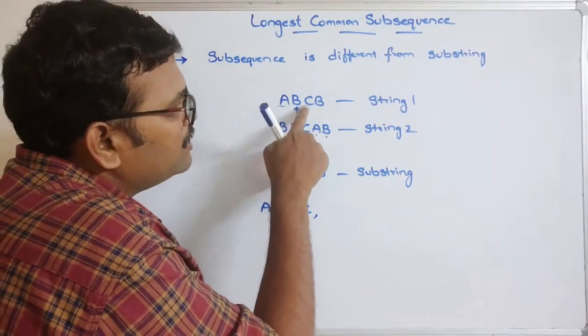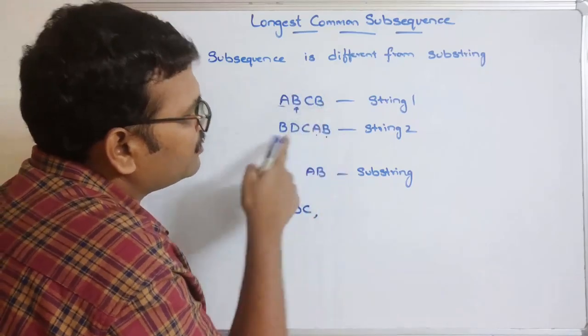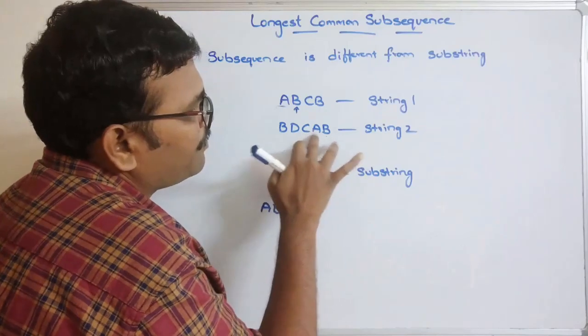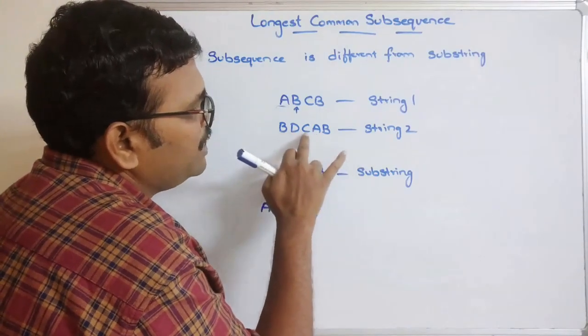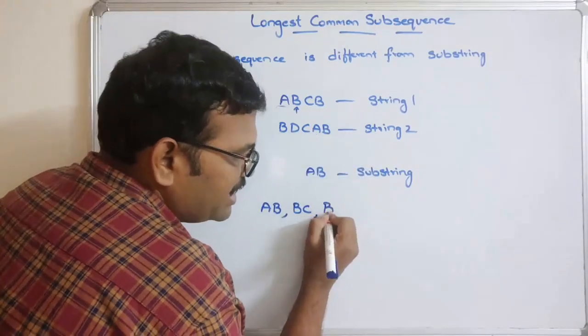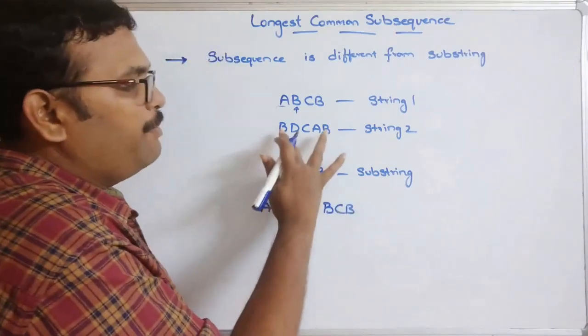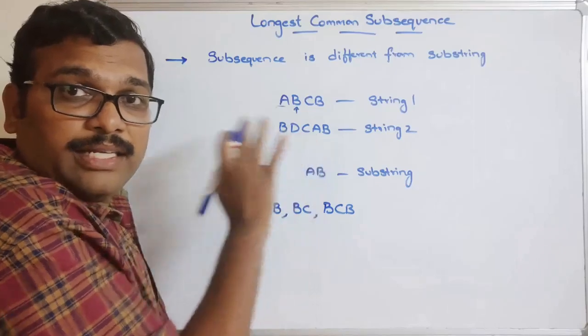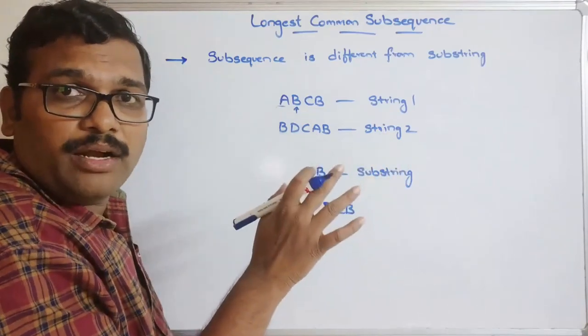And B, C, and again we are having a B. So here also we can observe B, C, again we are having B. So there is a sequence. Even though in between B, C, B we are having some more elements, that doesn't matter.